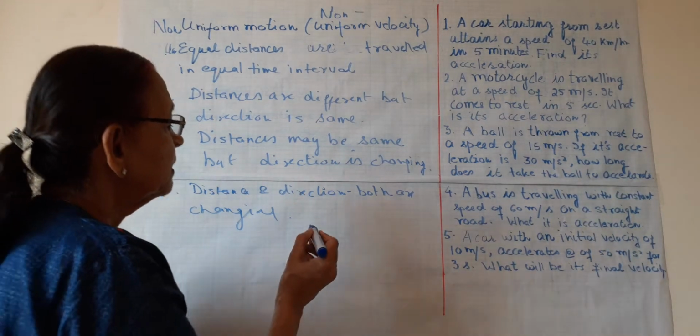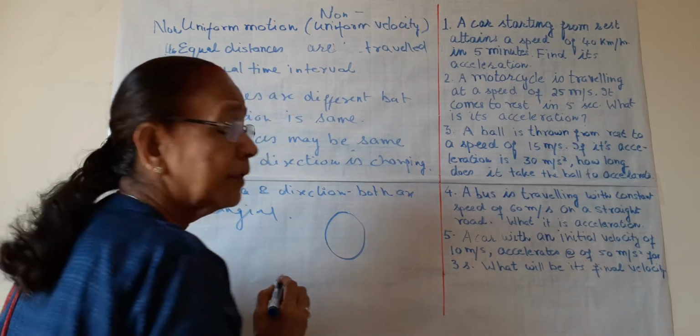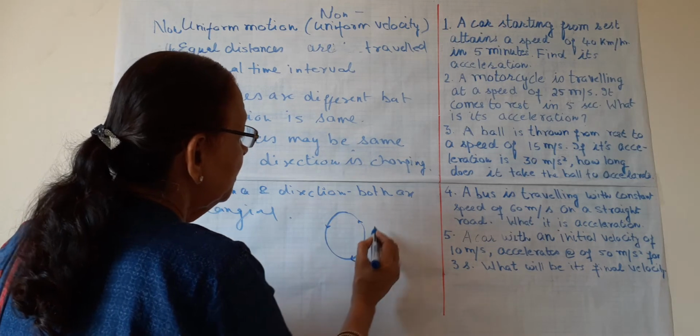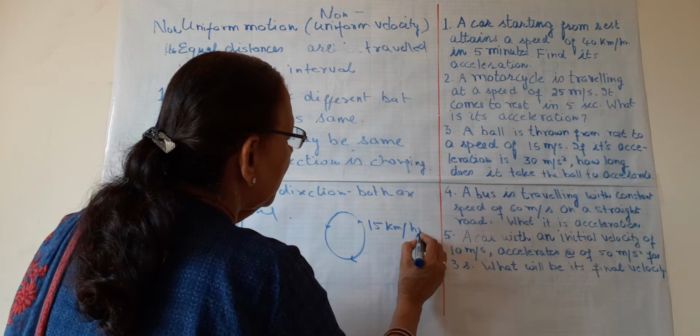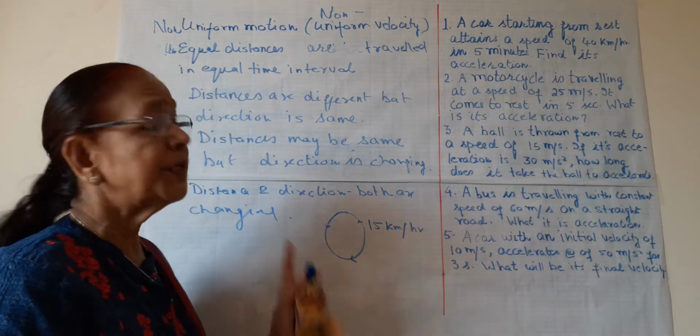How can we say this? Suppose an athlete is running in a circular path at 15 km per hour. His speed is 15 kilometers per hour.